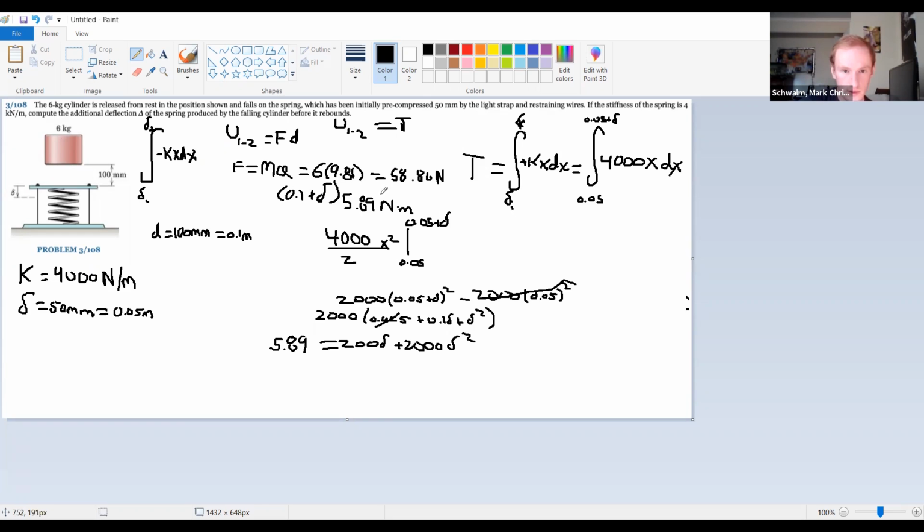So we're just going to be adding another term here. Yeah, so in addition to this 5.89, we're going to have 58.9 deflection. Okay, yikes.